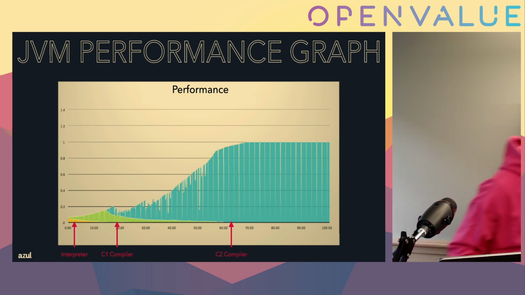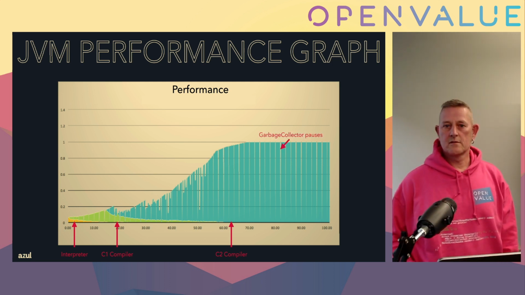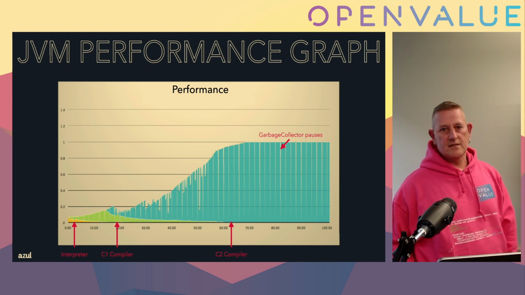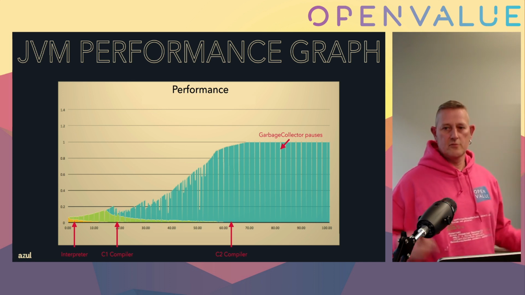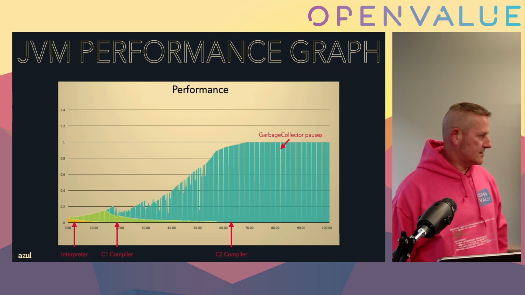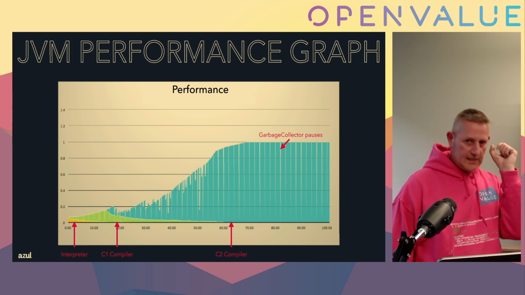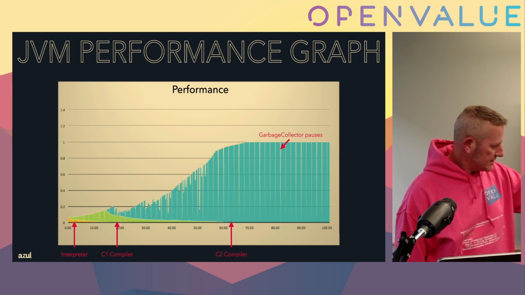And then we see all these gaps here, right? These are some frequent gaps on the right side, and this is garbage collector pauses. Even if the garbage collection pause is just 2 milliseconds, there is a performance hit for 2 milliseconds. It's something like stop the world, right? More or less. Even if it's tiny, you will see these gaps.